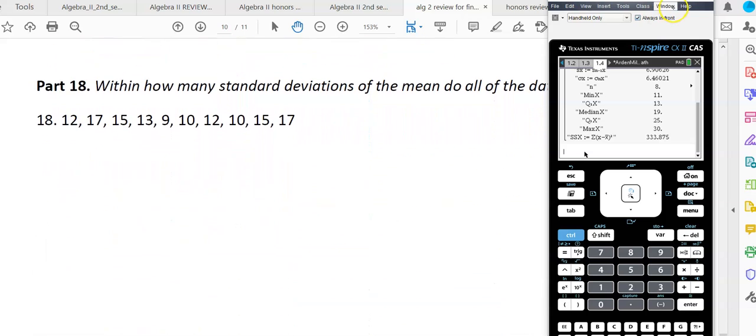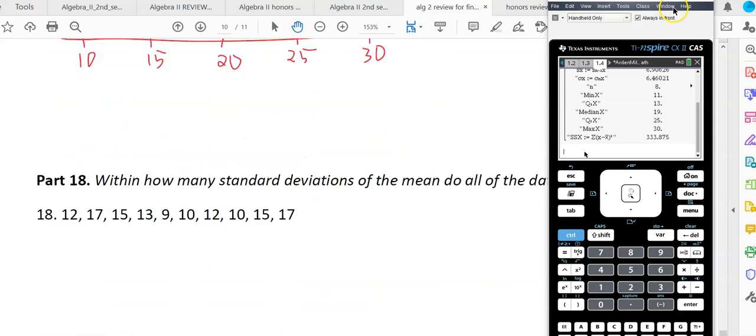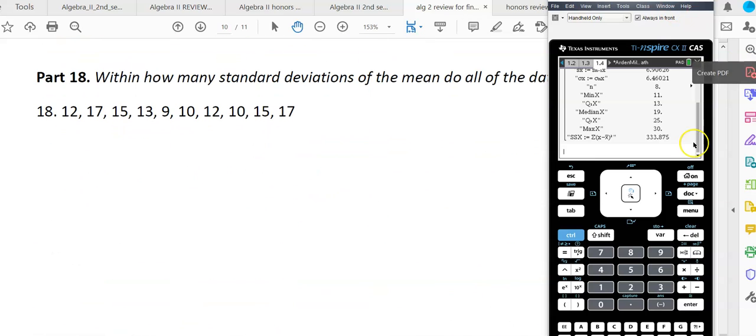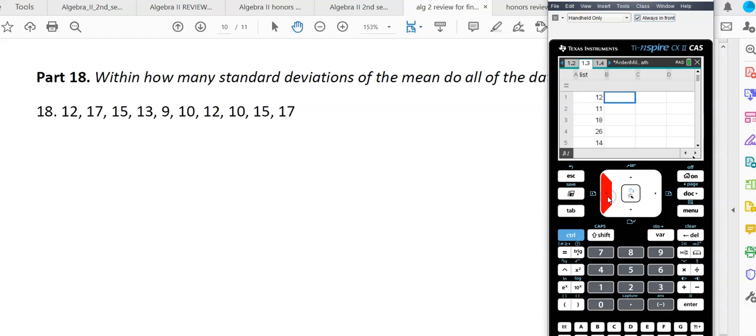How many standard deviations? Is this a different set of numbers? It is. So let's go back, control left arrow. List 2, 12, 17, 15, 13, 9, 10, 12, 10, 15, 17.